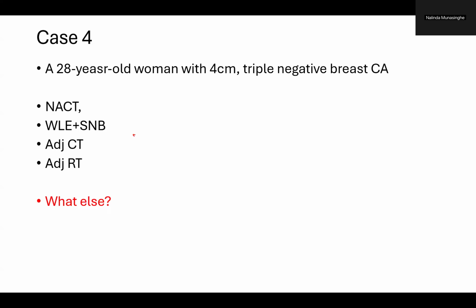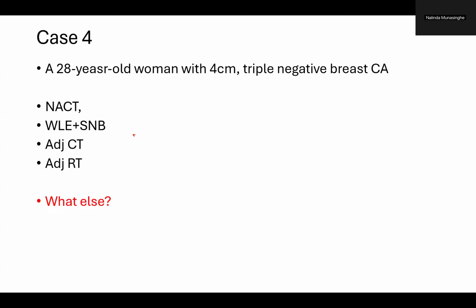Although it's costly and the government sector doesn't support it, in the private sector you can preserve the eggs before starting the neoadjuvant chemotherapy. We isolate and preserve the eggs, freeze them and save them, and then subject the patient to chemotherapy. Later, if they want to have a baby and a family life, they can have a baby. So there are a lot of things to discuss around a gene positive breast cancer.